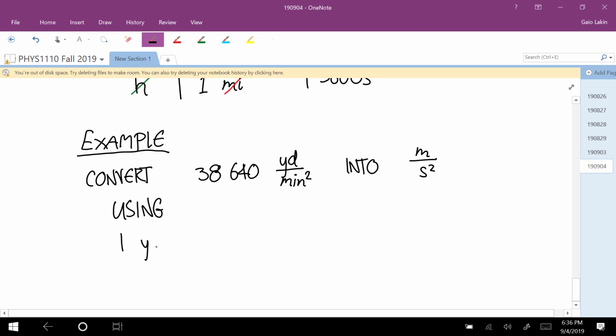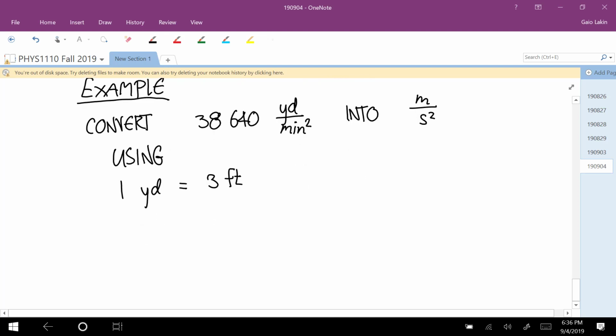So 1 yard is equal to 3 feet. But we don't want feet either. So let's say that we also happen to know that 1 meter is 3.281 feet. And then we know that 1 minute is 60 seconds.